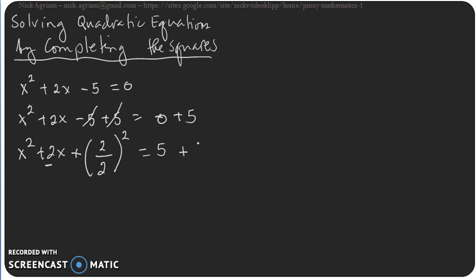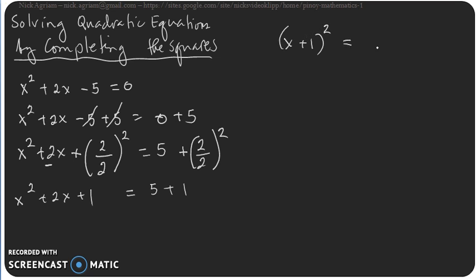Then I will do that to both sides of the equation. If I did it right, then it should look like this. Is equal to 5 plus 1. The left-hand side of the equation now is a perfect square. So I have x plus 1 squared is equal to 6.